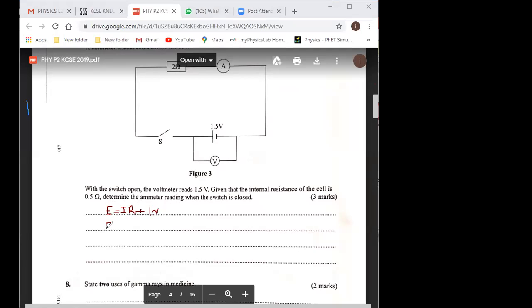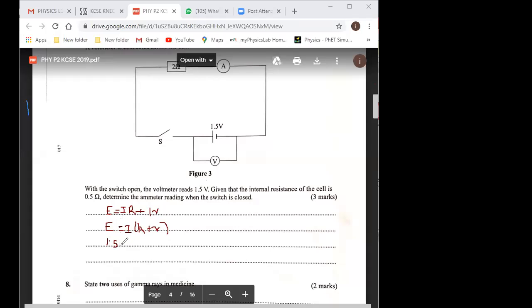This formula can be written as E equals I, factoring out the common I, times capital R plus small r. When the switch is open, the voltmeter reads 1.5. That potential difference when the switch is open is the electromotive force. So E is 1.5.